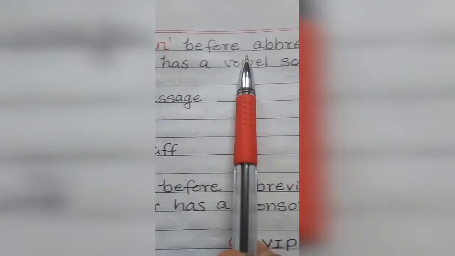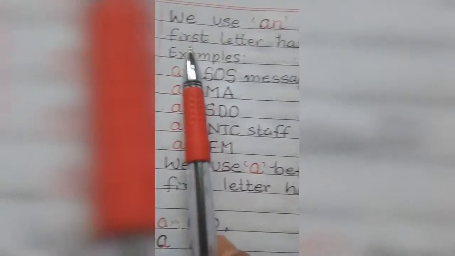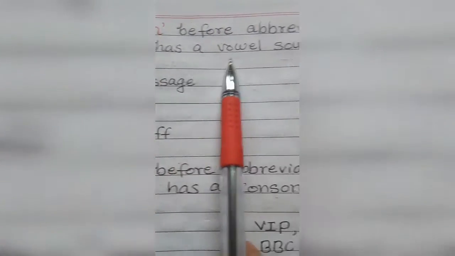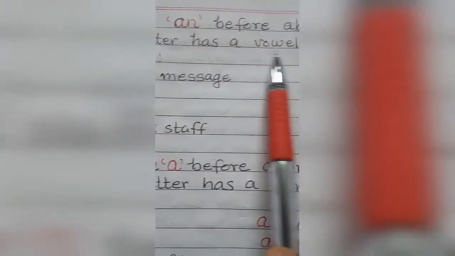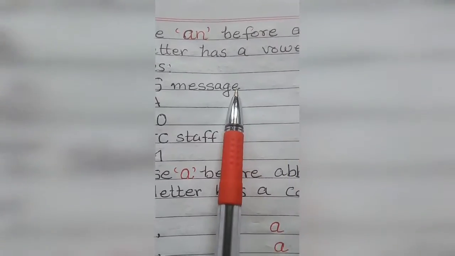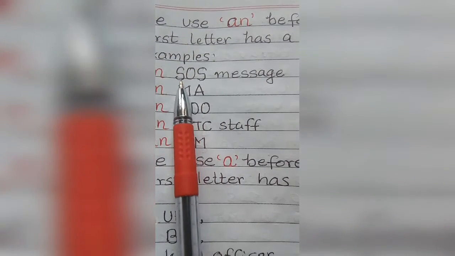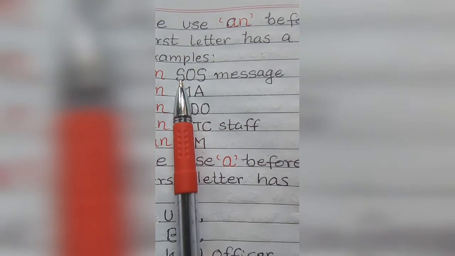We use an before an abbreviation whose first letter has a vowel sound. Okay, for example, an SOS message, S is a consonant letter. If you pronounce S, it has an initial vowel sound.